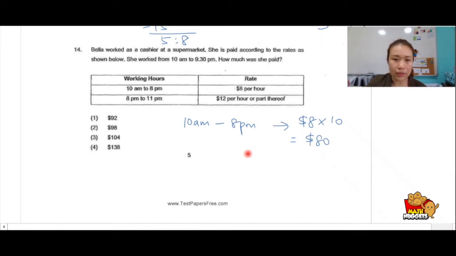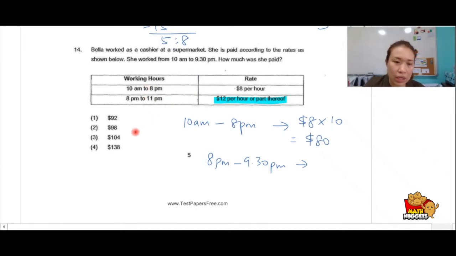She gets $80. So from 8 p.m. to 9:30 p.m., that's 1.5 hours, right? So it says $12 per hour or part thereof. So which means that the half an hour that she worked will be considered 1 hour as well.